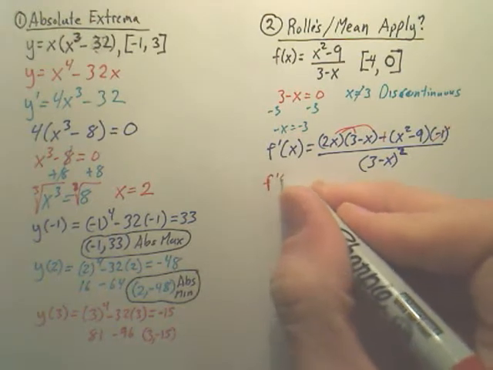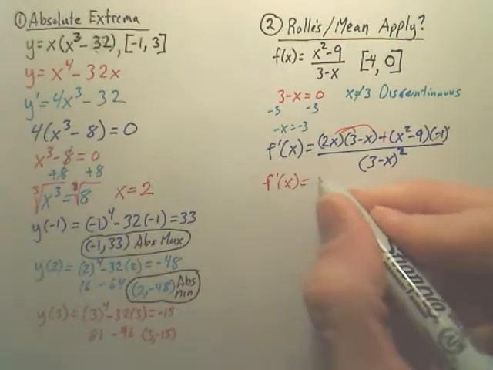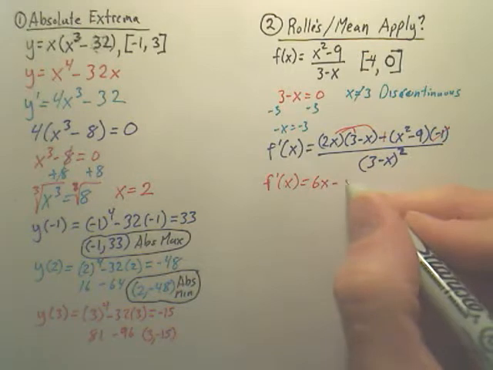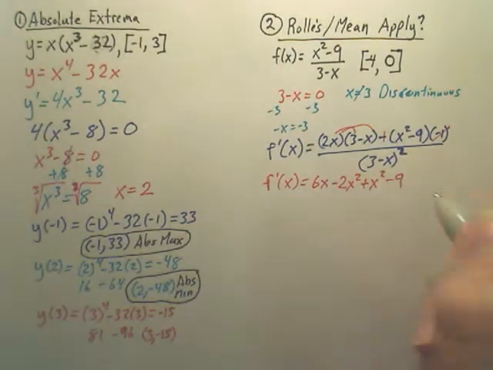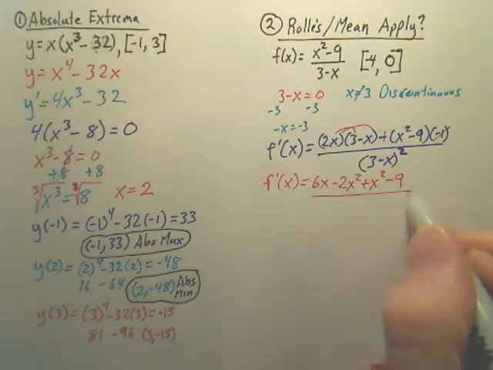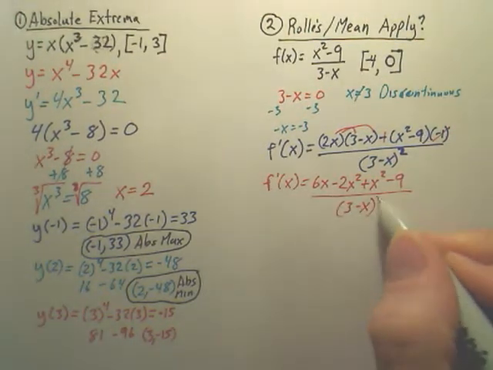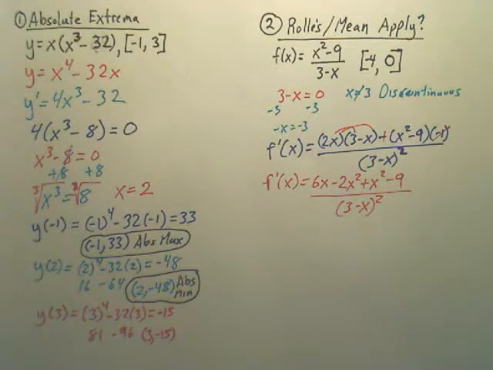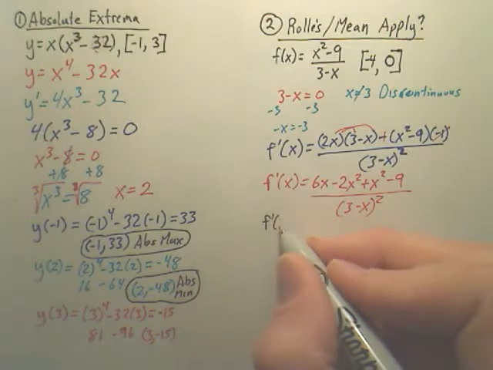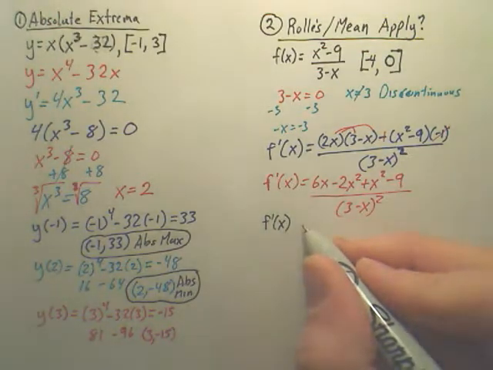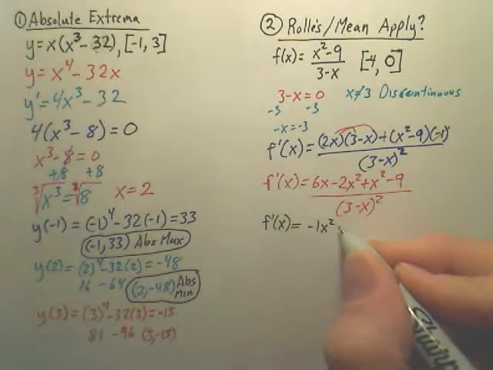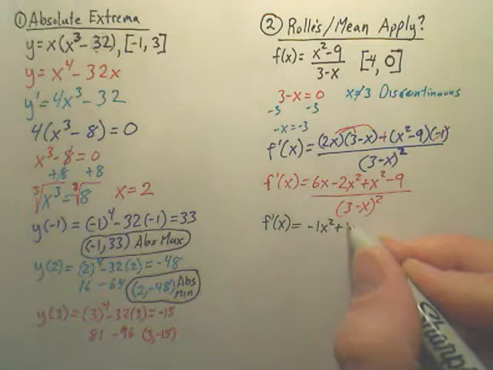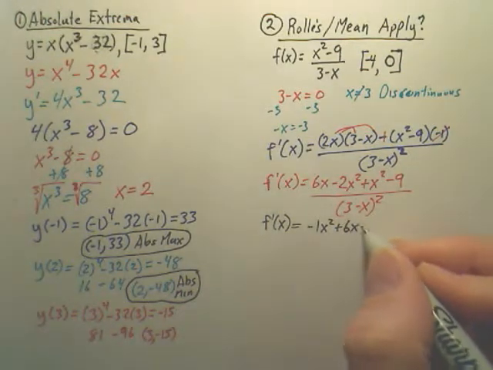So it looks like we have 6x minus 2x squared plus x squared minus 9 over 3 minus x squared. When you combine all this, you get negative 1x squared plus 6x minus 9.